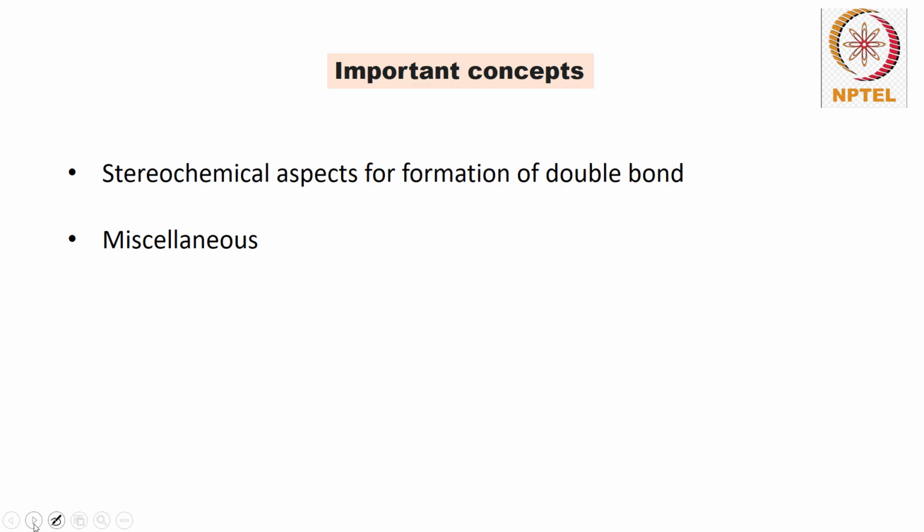We discussed the E2 reaction, which is usually a trans elimination. There is another type of elimination which is called syn elimination. We will discuss that and how we can apply that type of elimination in some product formation, and we will also solve some miscellaneous previous year questions.